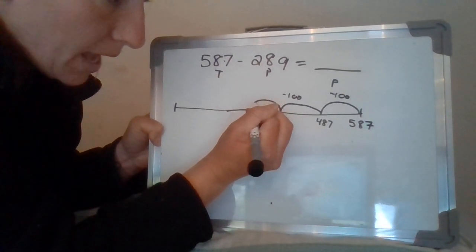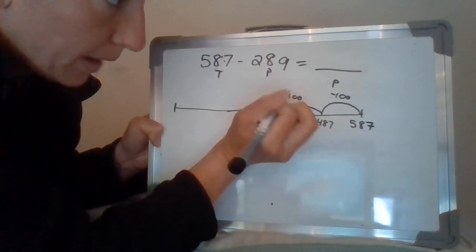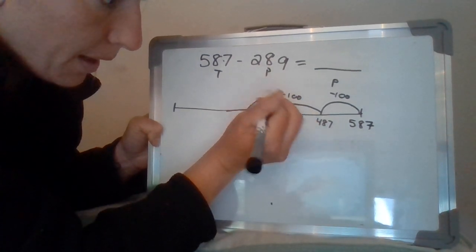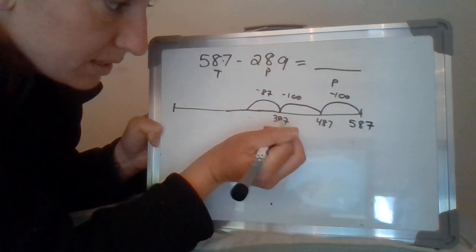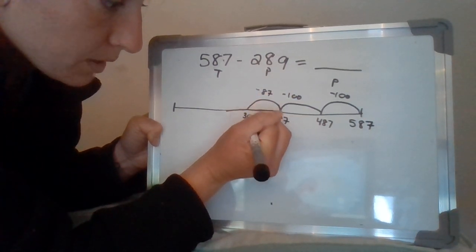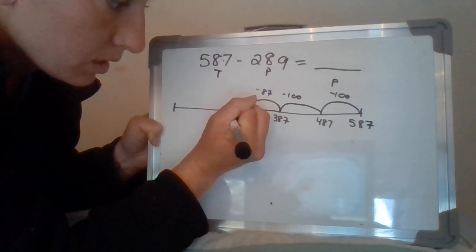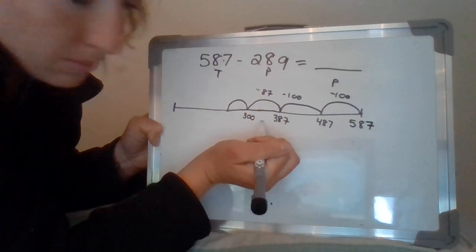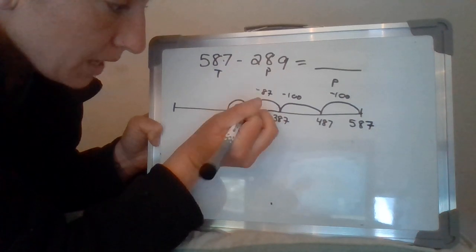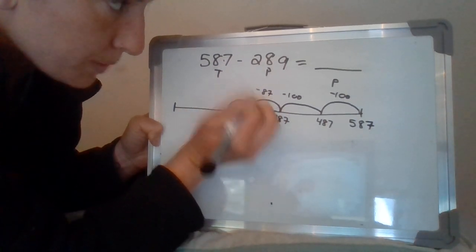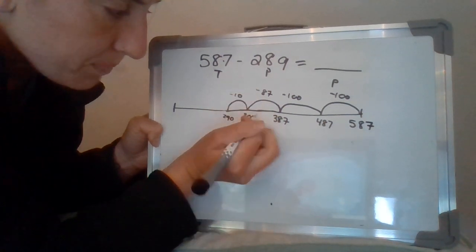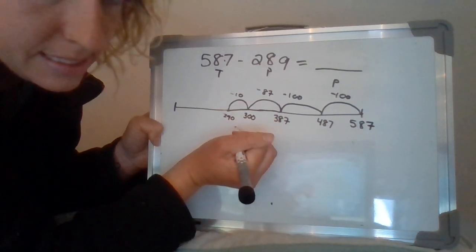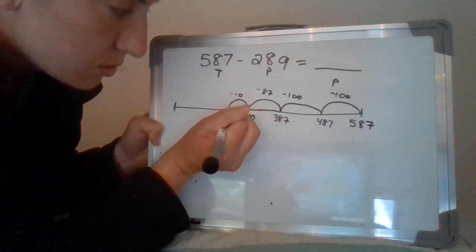387. And then I want to do a hop of minus 87, which would get me to 300, because 387 minus 87 equals 300. Then I need to get all the way down to 289. So I'm going to go minus 10 to get to 290, because I know that the next century down is 200, so 290.